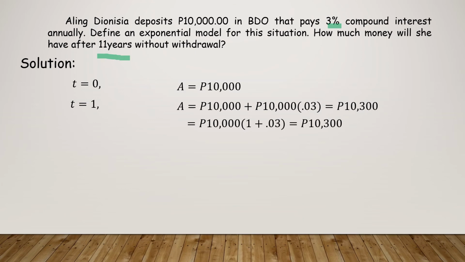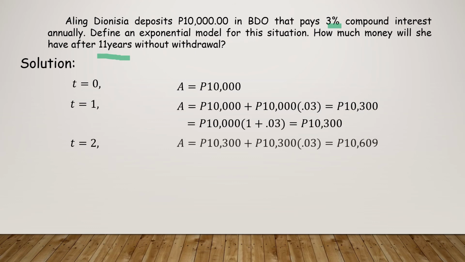This is also equal to, kapag ginawa nating monomial factor ang 10,000, that is 10,000 times the quantity 1 plus 0.03, which gives us the same answer of 10,300 pesos.